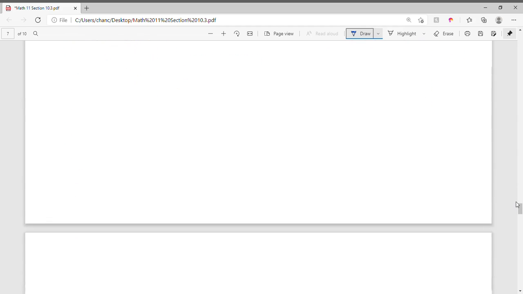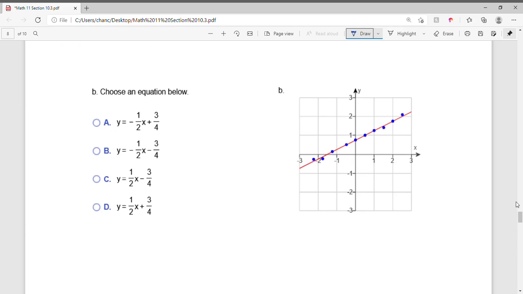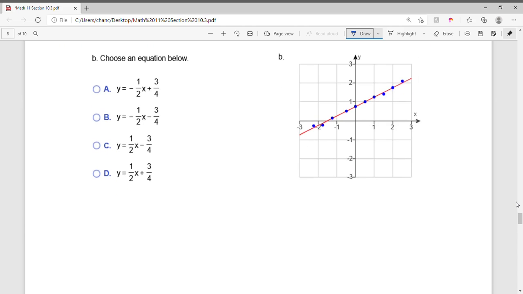Let's look at part B. In part B, we have a situation where the graph rises as we go to the right, so this has a positive slope. So option A, option B is not possible. Now we need to figure out what the y-intercept is.